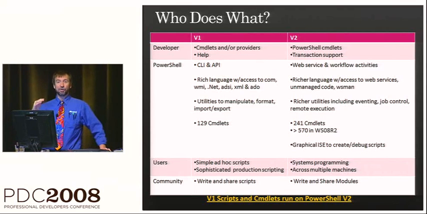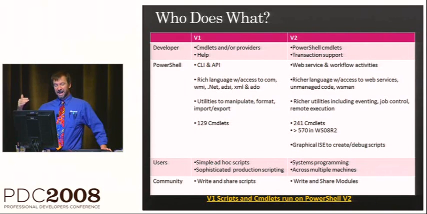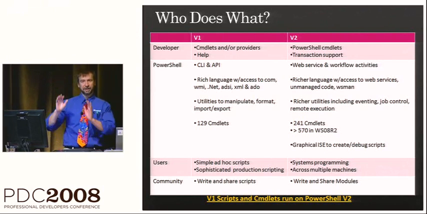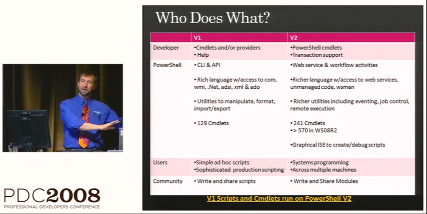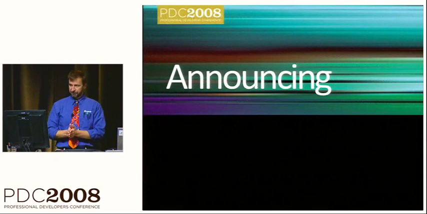And we also now have a graphical scripting environment for people to be able to script, create their scripts and debug their scripts. And in version 2, users can do systems programming and write these scripts across multiple machines. So it's a pretty great value proposition. And the key point I want to make here is that everything that you've done in version 1 works fine in version 2. Okay? Good stuff.